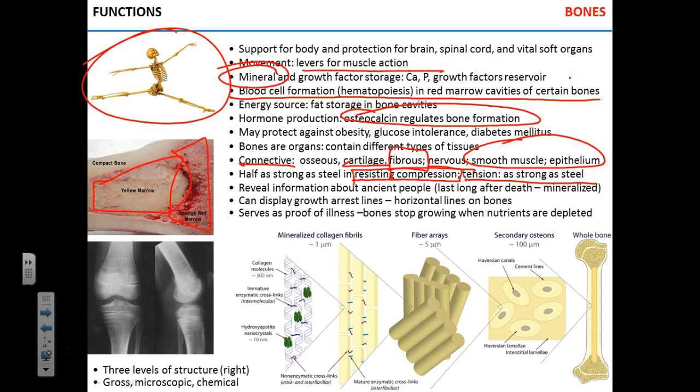Another important feature of the bones, not that probably it was an evolutionary advantage, but so it happens. Since they are mineralized, they remain more or less intact for a long time after death. And they are a great source of forensic information, both in terms of criminal misdeeds and in terms of the ancient people.